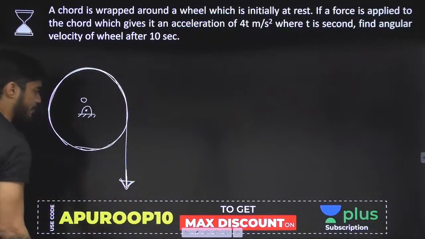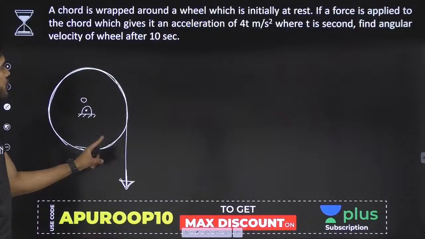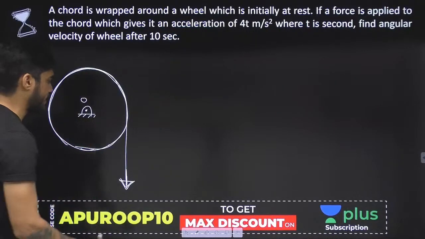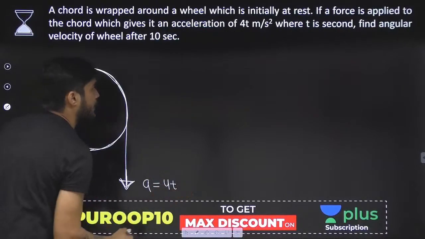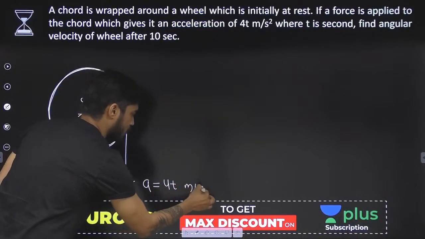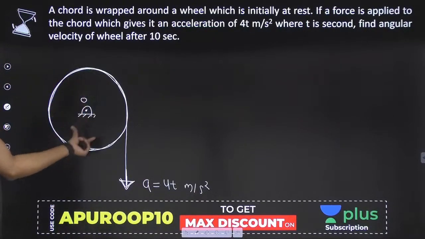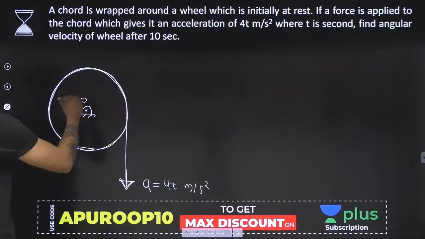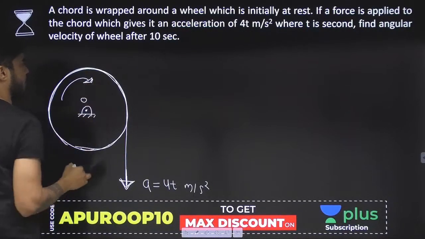Then I am applying some force to this cord, which is giving the cord an acceleration of 4t meter per second square. Find the angular velocity of the wheel, omega, after 10 seconds.